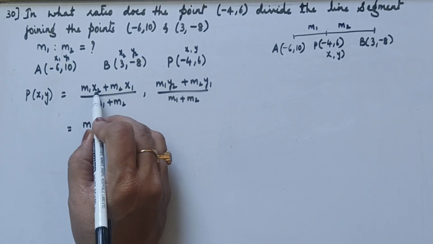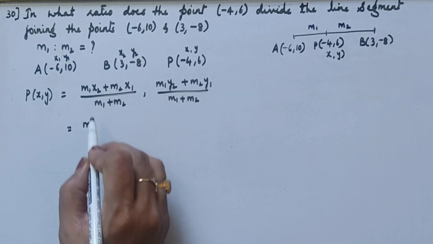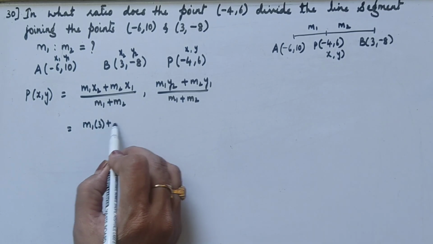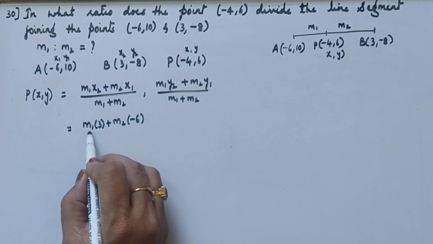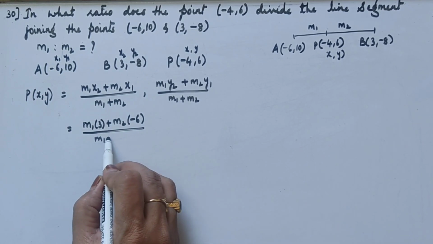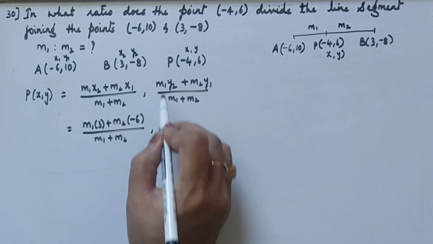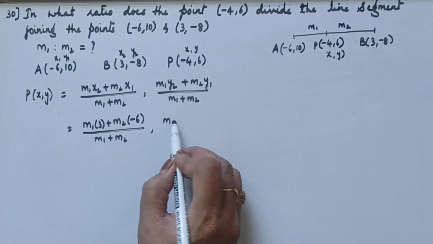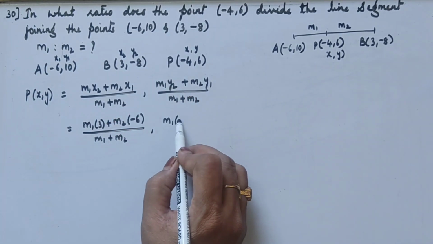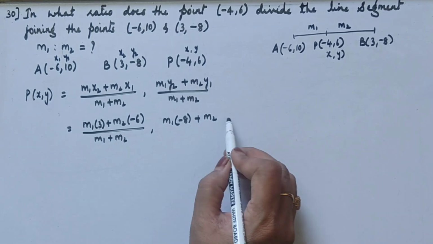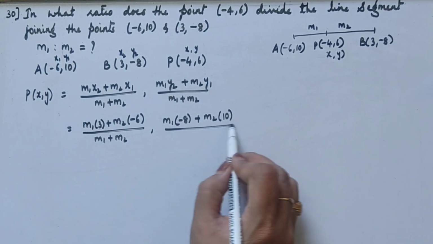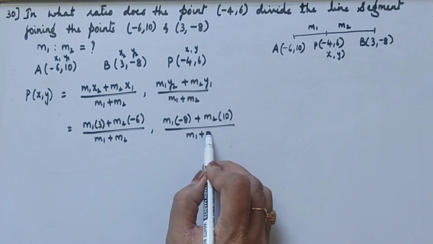What about m1 m2 is not given. Let me write as it is. X2 value will be 3 plus m2, x1 value is minus 6, whole divided by m1 plus m2 comma. So this is m1 as it is. Y2 is minus 8 plus m2, y1 will be 10, upon m1 plus m2.